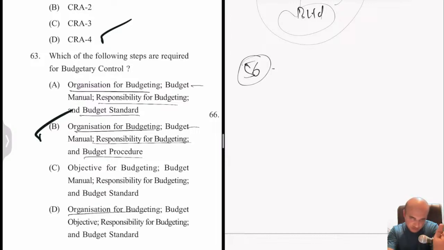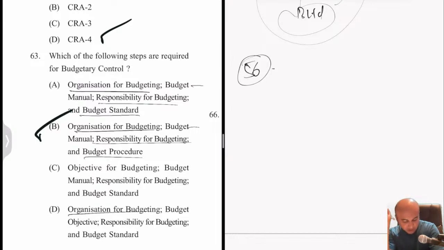So that is the first thing you need to do. Then comes the budget manual. It is a document that outlines the procedures, guidelines and instructions for preparing and also administering the budget. It provides a standardized approach for budgeting across the organization.